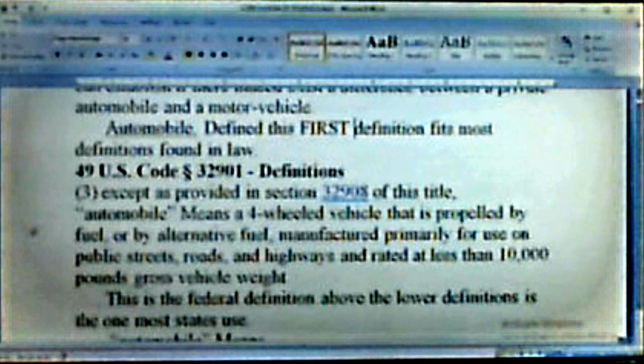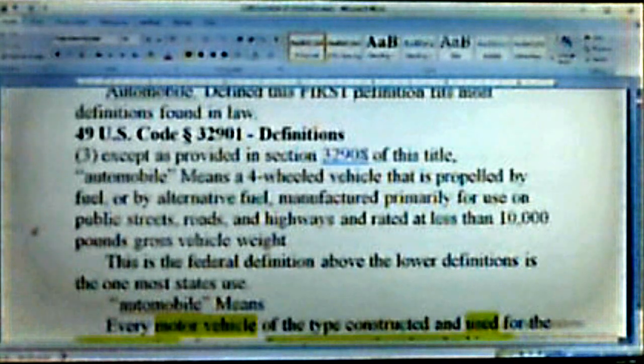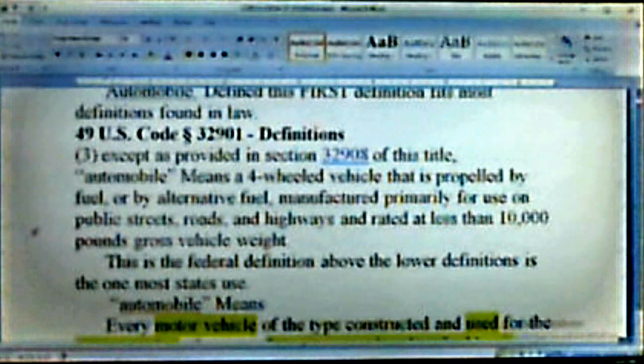And remember in law that a difference could be something as simple as how that is used, not necessarily based on how it looks or how it moves or any of that. The difference can come down to the use.